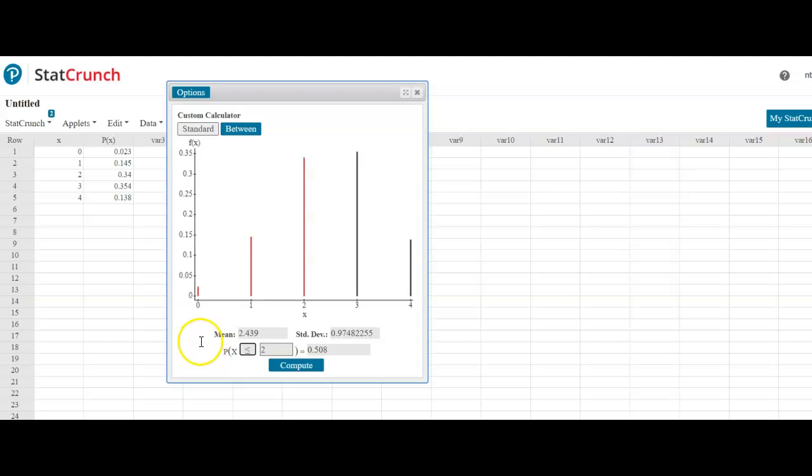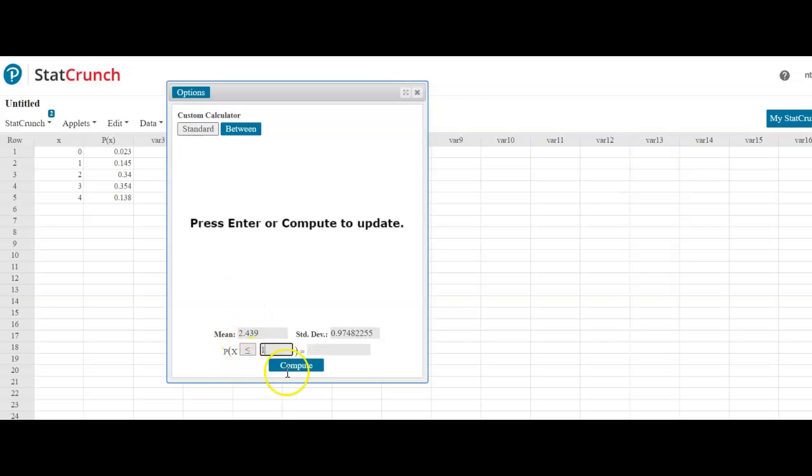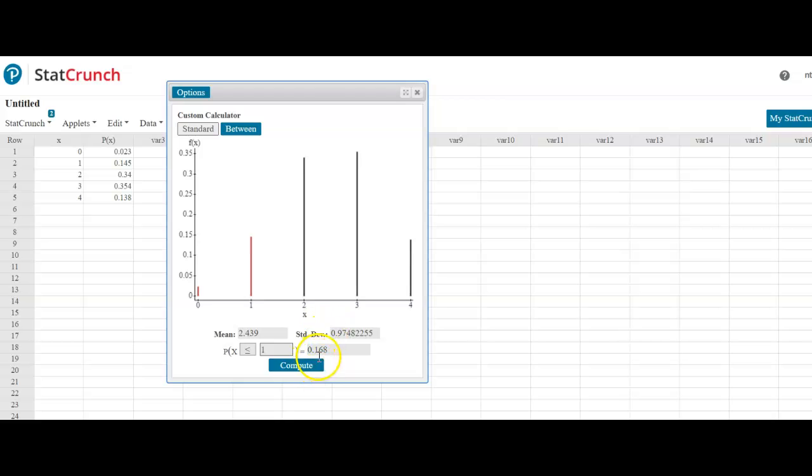If I was asked the question, is 1 a significantly low number, then I could find the probability that X is less than or equal to 1, compute, and that gives me a probability of 0.168. So I would know that that's not significant because that probability would need to be less than or equal to 0.05.